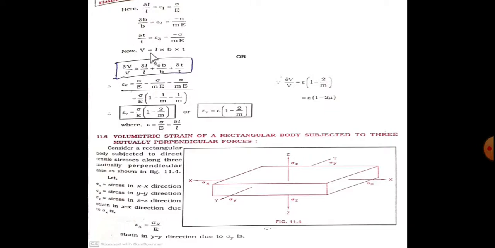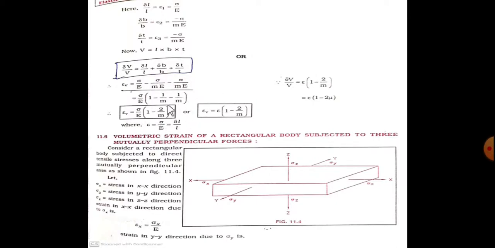Now, the volume of the element is L into B into T. So delta V upon V is equal to delta L upon L plus delta B upon B plus delta T upon T. So epsilon V is equal to stress upon E minus stress upon mE minus stress upon mE, right.